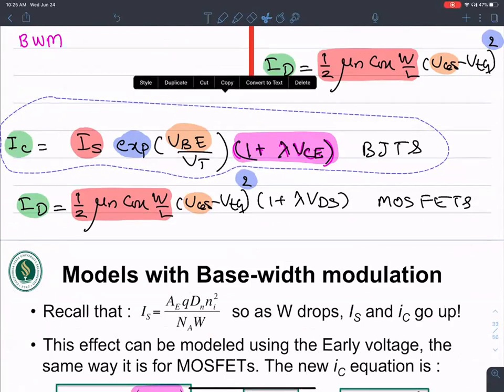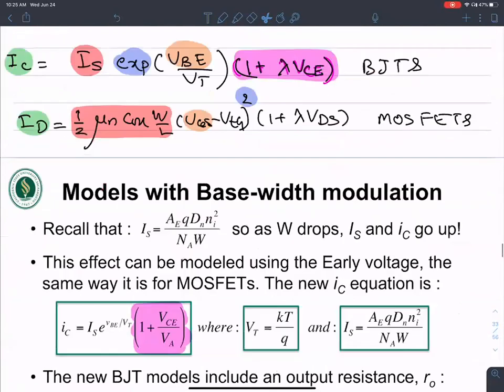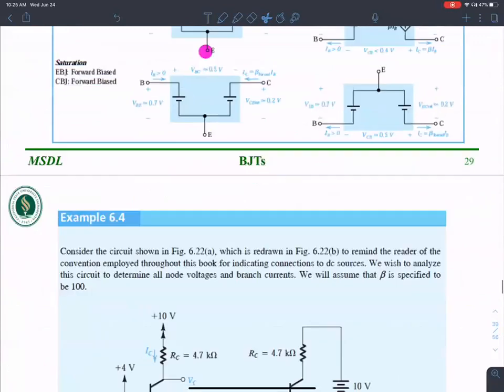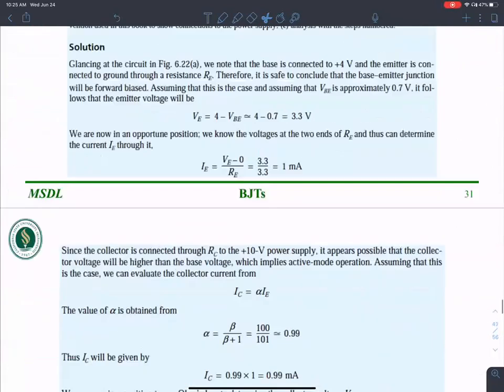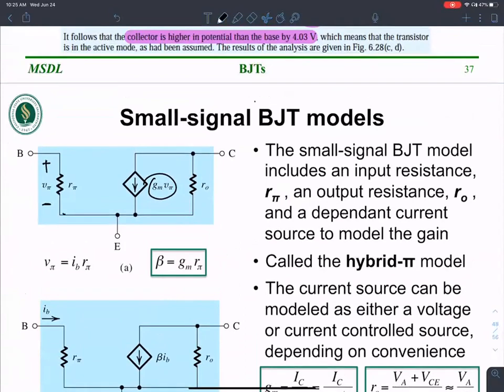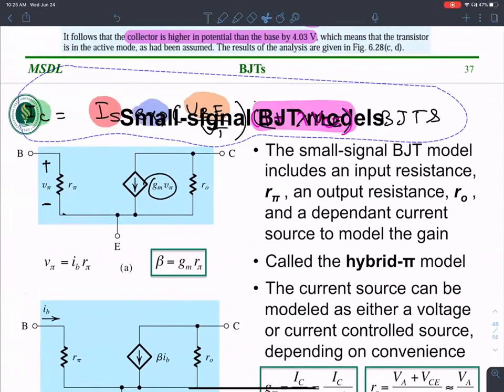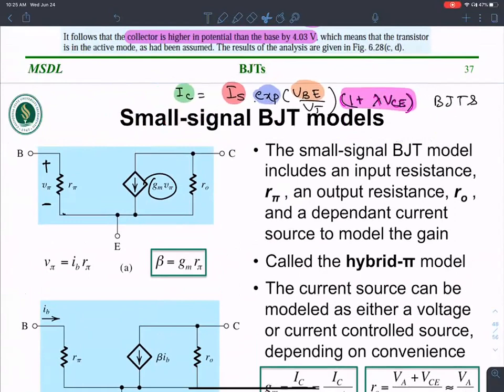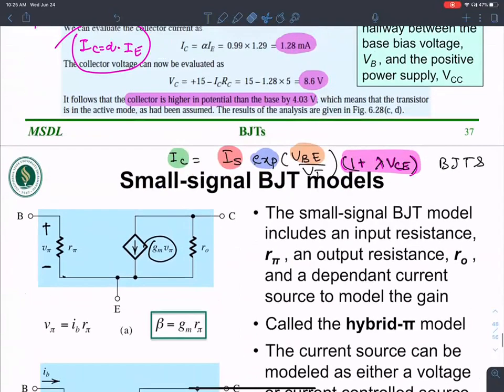Let me copy that. I'm going to come back down here, and I'm talking about the small signal model. This is the expression for BJT, so pay attention to what's going on over here.